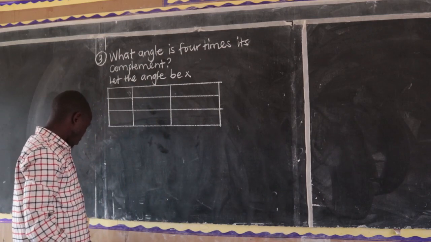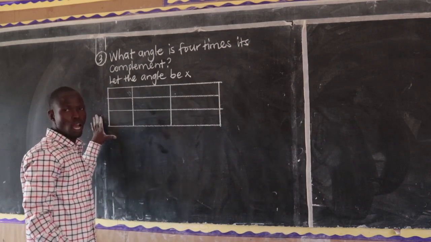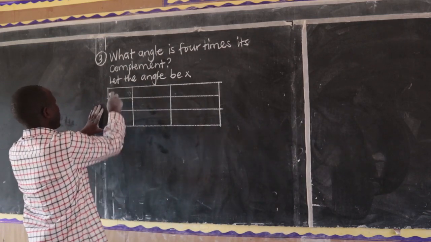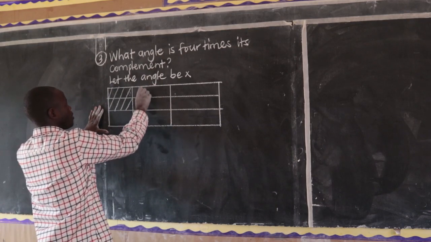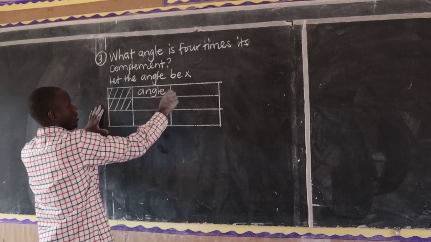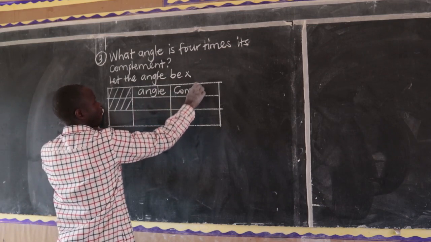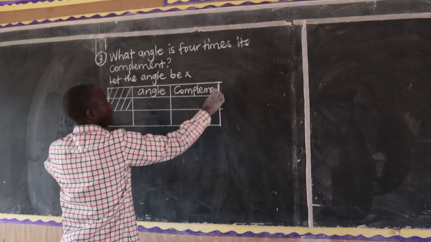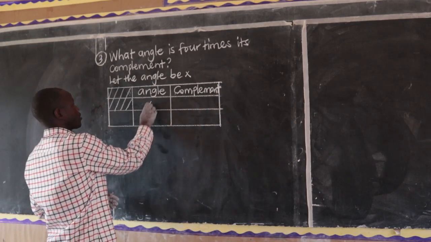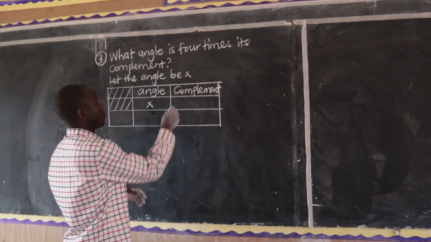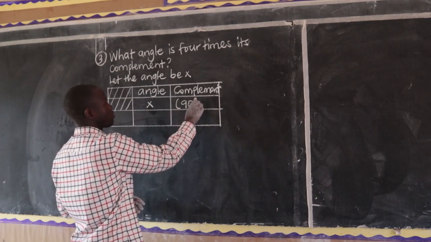As you all remember, this is how we draw our table. The first two parts we agreed we shade them away. This is angle, this part complement. Our angle is x, therefore the complement will be in brackets 90 degrees minus x.